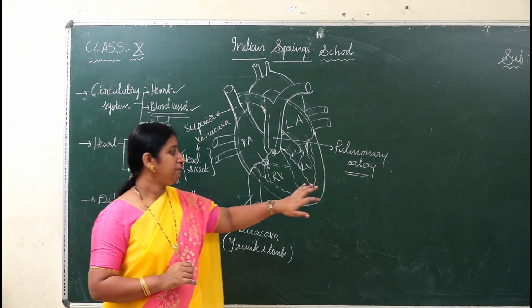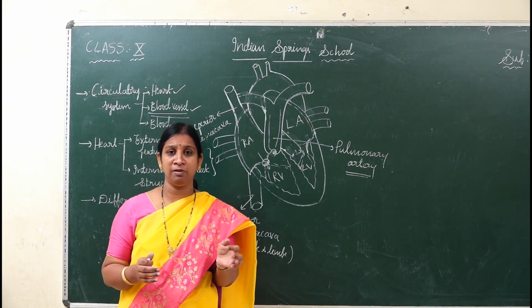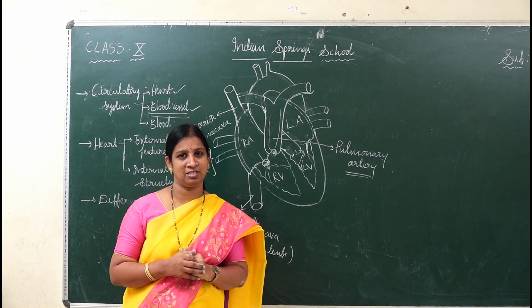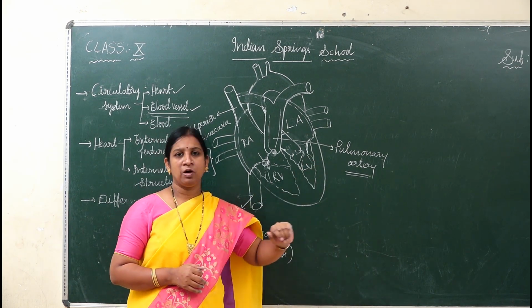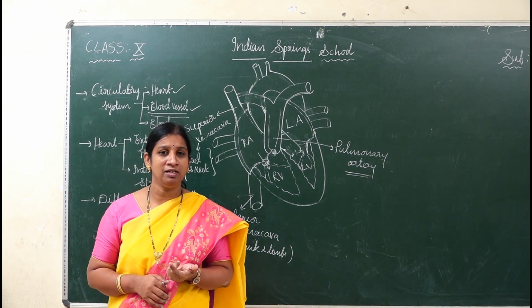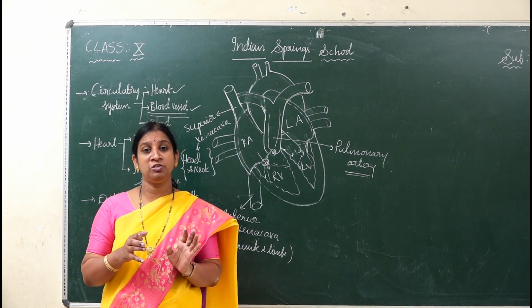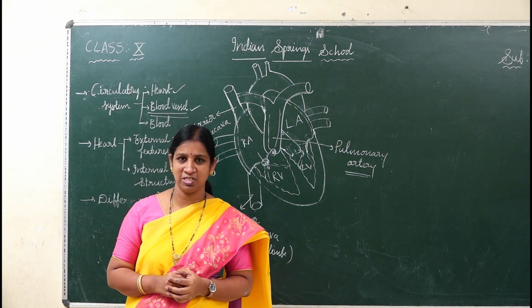But the majority of arteries carry oxygenated blood, which is nothing but the blood which is rich with oxygen. In the same manner, veins always collect deoxygenated blood. Deoxygenated means what, children? It is the blood which is rich with carbon dioxide or which has a lower percentage of oxygen.